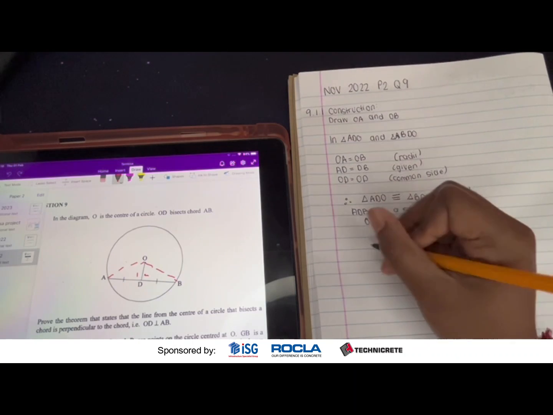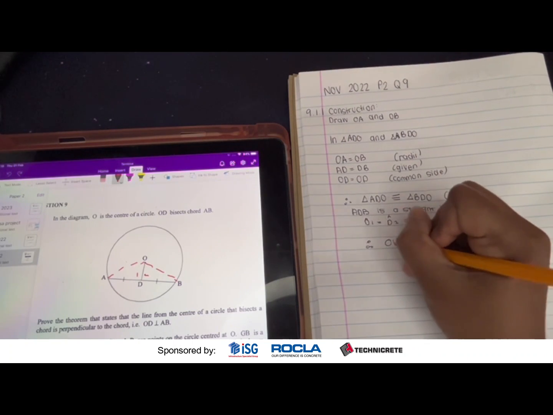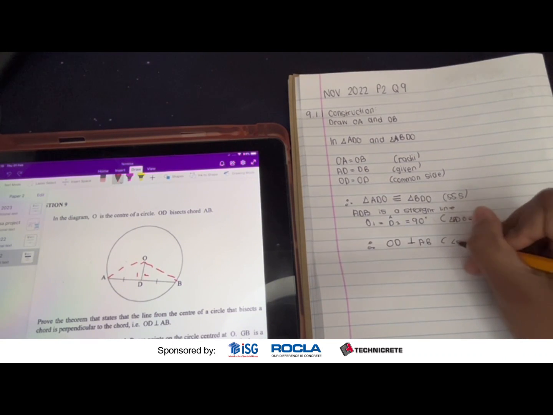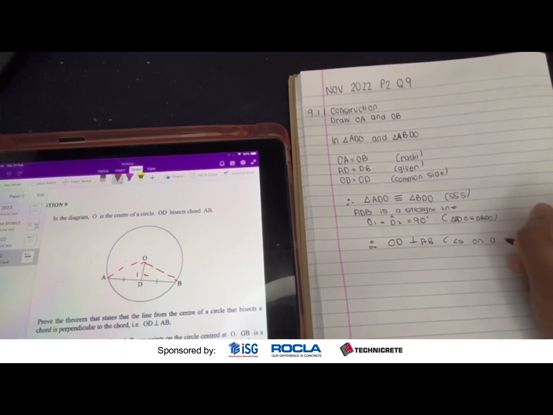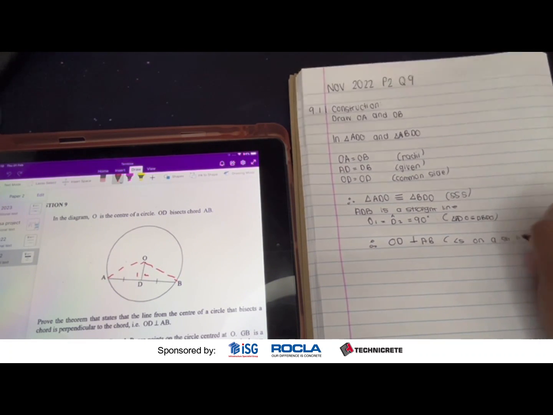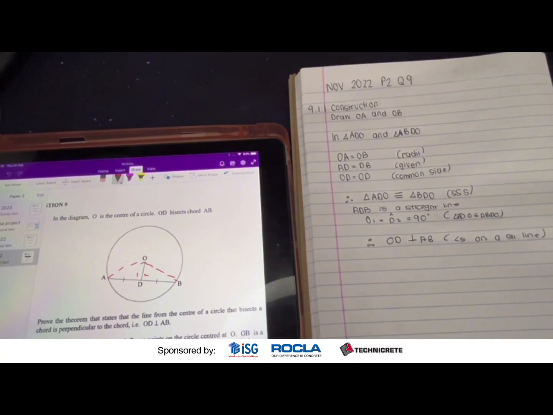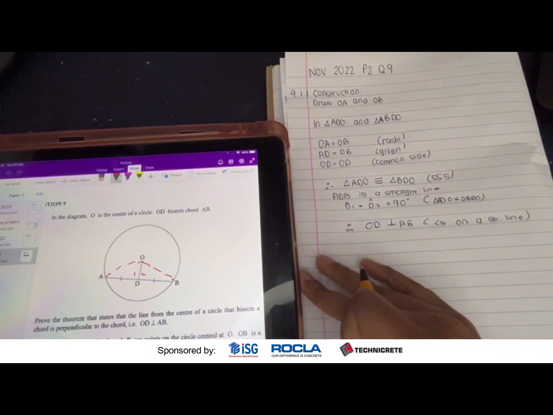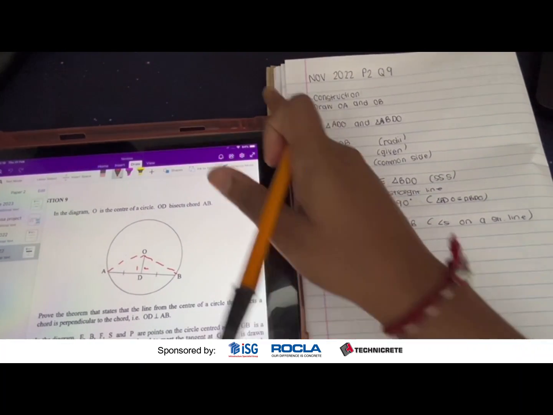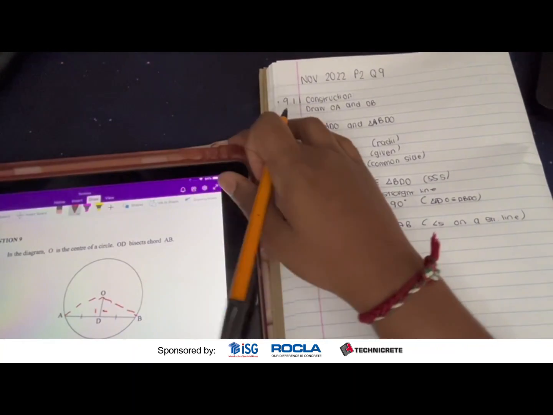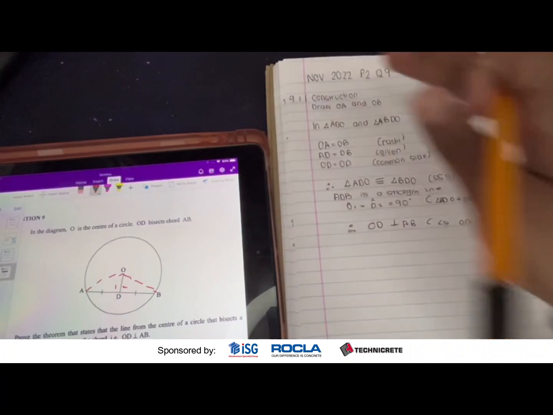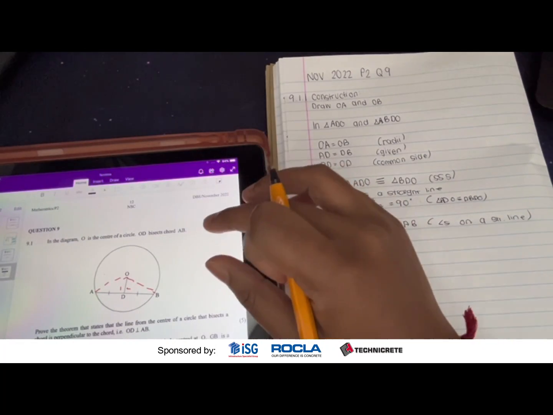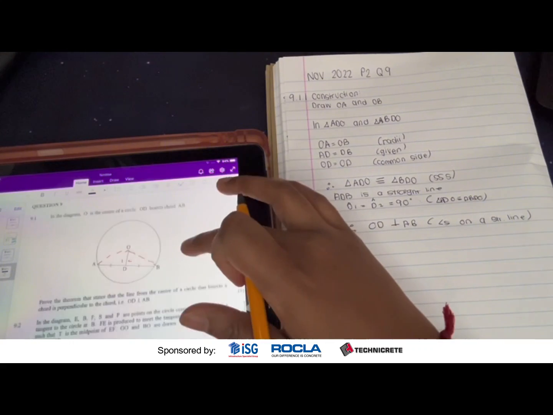And if that is so, therefore we have proved that OD is perpendicular to AB, angles on a straight line. So this question was 5 marks. We'll come to the end about mark allocation, but it's a lot of marks just for being able to prove this. Okay, let's move on to our next question.